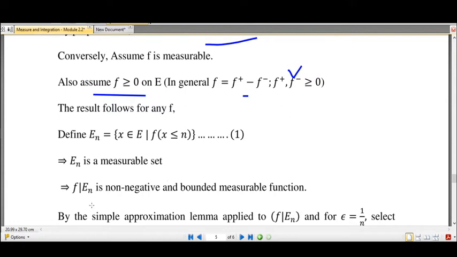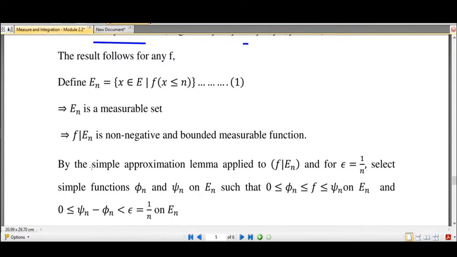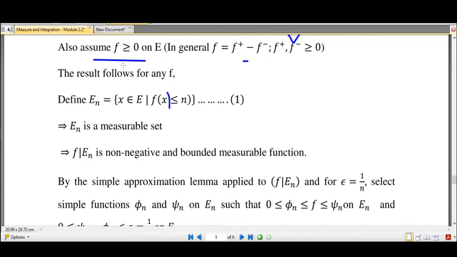Now we define the set En as the set of all x in E such that f of x is less than or equal to n. How is it defined?